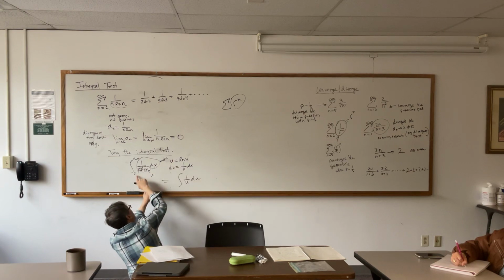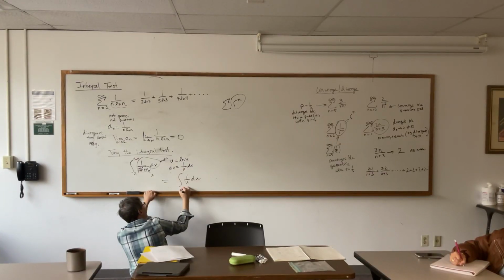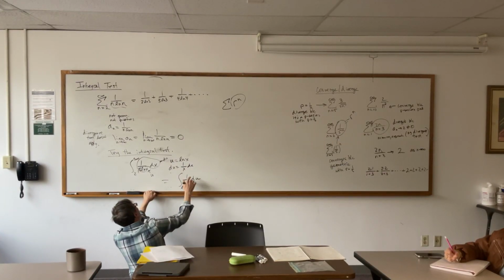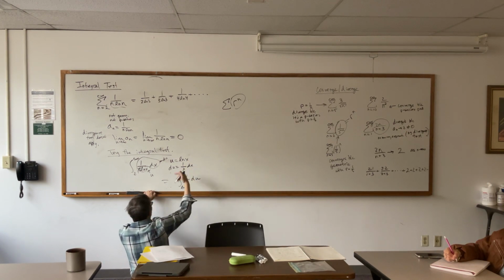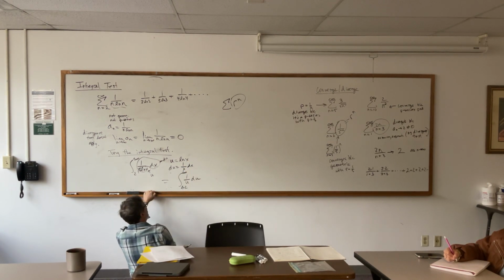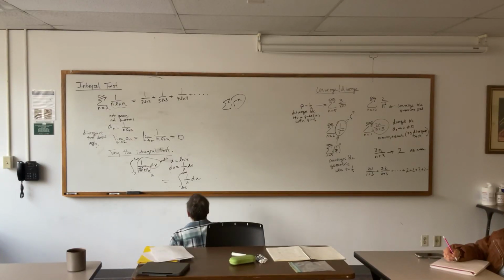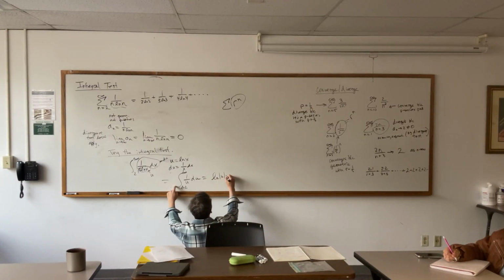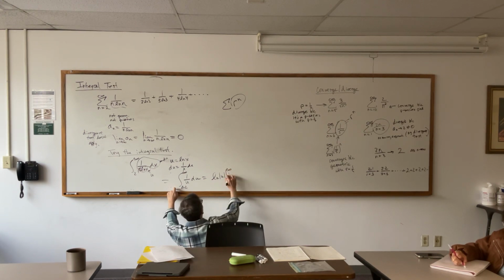Now we got to adjust the limits. When x is 2, u is natural log of 2. And natural log of infinity is infinity. So now I've got a decent integral. It turns out that, oh geez, it's another natural log. So this is natural log absolute value of u from, I'm going to cheat here, a horrible abuse of notation.